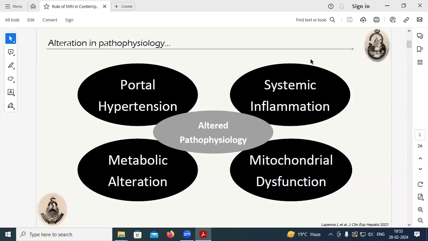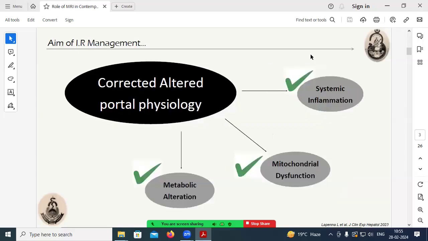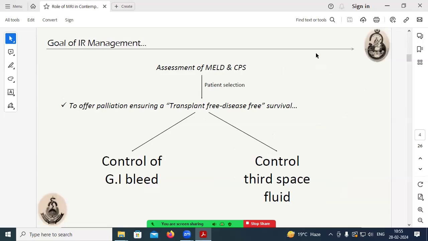Now, these things also have to be evaluated and simultaneously taken care of, so that even if we end up creating a successful shunt, we don't end up creating a complication. But all said and done, if we correct the basic pathology, that is the altered portal flow, the other things tend to fall in line. But we have to understand what extra we have to do and how we have to evaluate it.